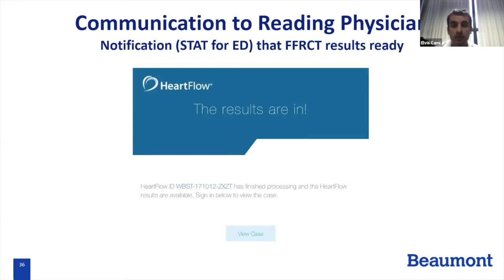The techs are the ones that get that email, and that HeartFlow ID will tell you which case it is. That links up with our MRM. The techs then will notify the readers. So let's say if Elvis is reading, I'm reading right now, the techs get the results, and then they'll page me saying the results for these patients are back, dictated in Epic.